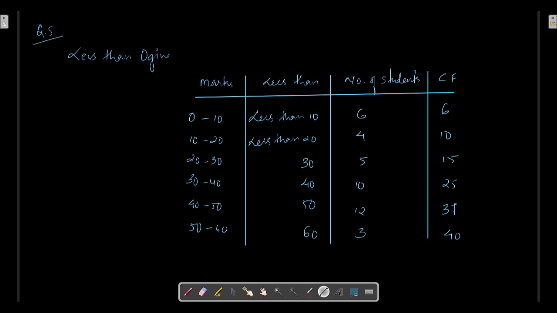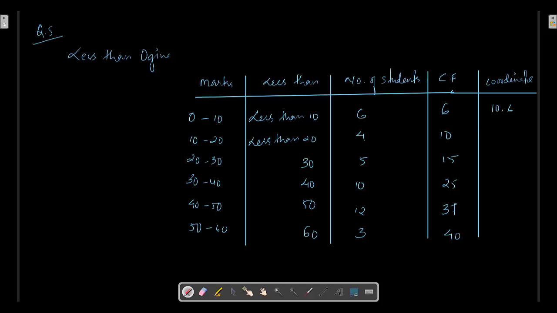Now, in order to plot the points, we also need coordinates for both the x-axis and y-axis. Let's put the x-axis first. Here we have written less than 10, so you can just write the coordinates. Less than 10, we write 10 and 6.